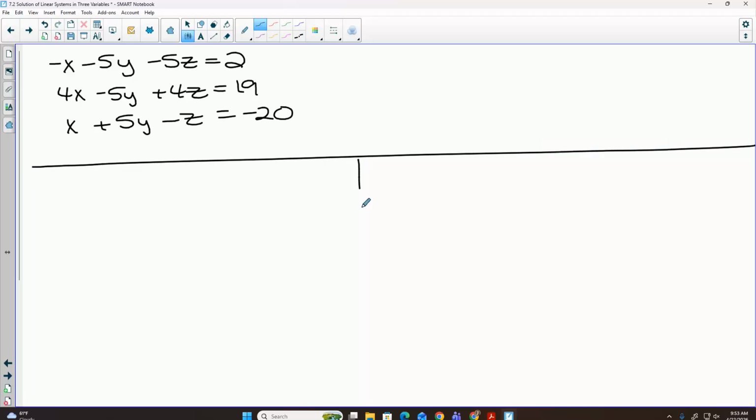If you're having trouble following your own work, draw some boxes to help you organize. Take two equations and eliminate a variable. What variable do you want to eliminate? X? Okay. So if I took the first two, how would I eliminate X?